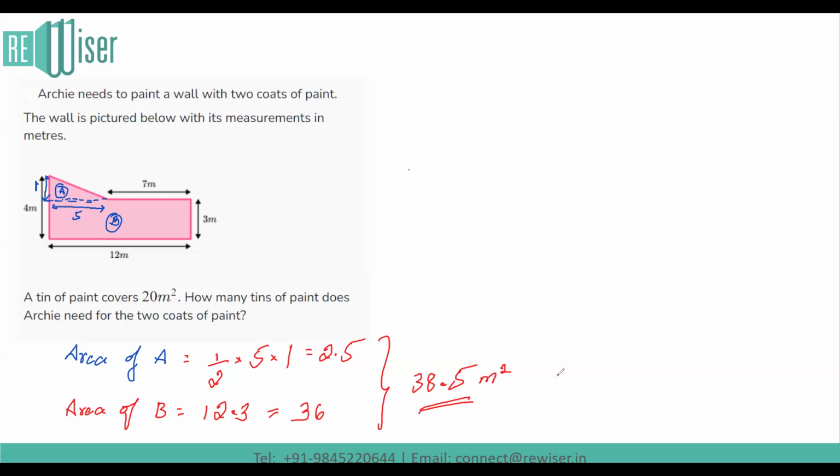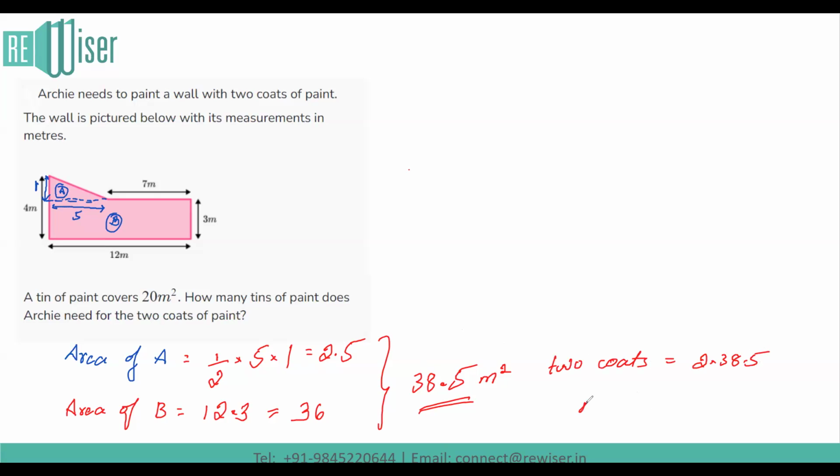Yeah. So if you look at it, one tin can cover 20 square meters, right? And we have this 38.5. So that means we need at least 2 coats of paint. So for two coats, it has to be 2 times 38.5, right?